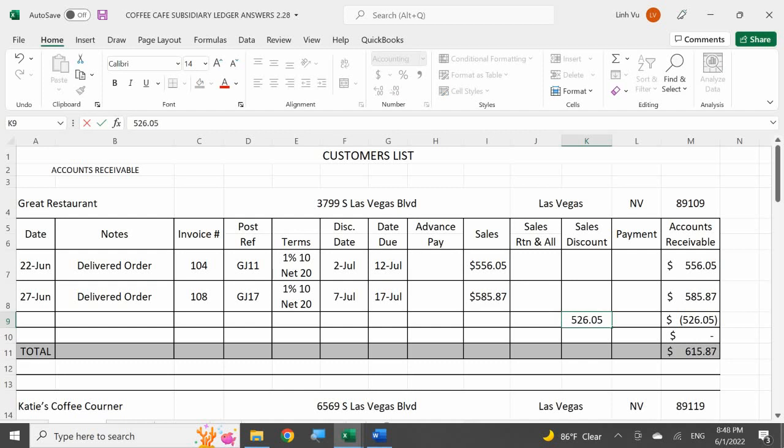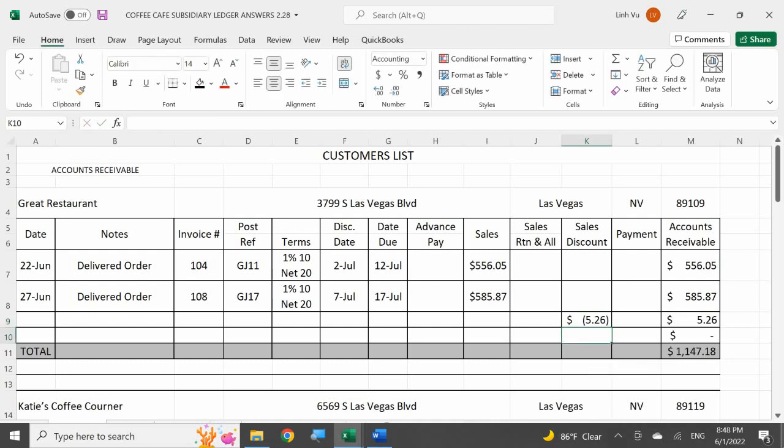526.05. Okay? Now, in this case, that is without the delivery fee. So we have to calculate what 1% of this amount is. So, equals round, what is 526.05 times 0.01, right? You get the 1% discount.